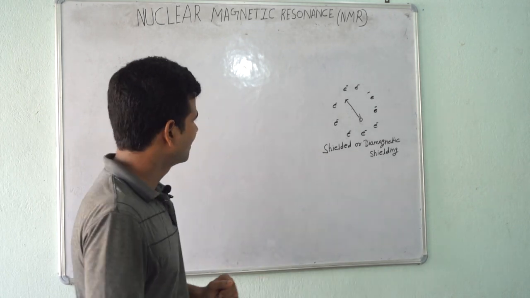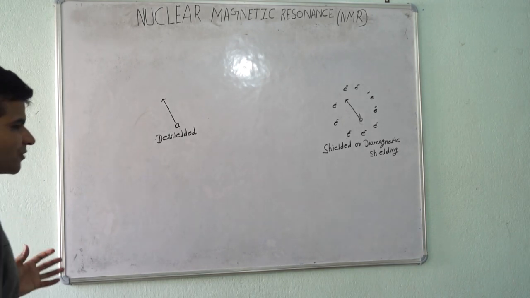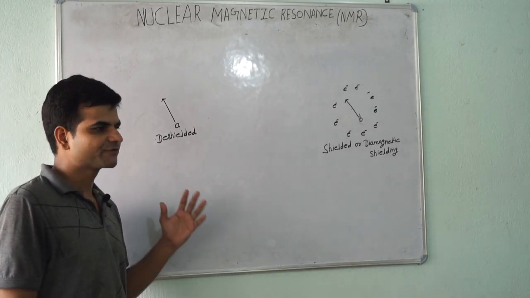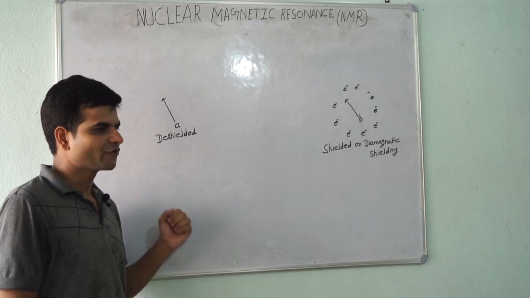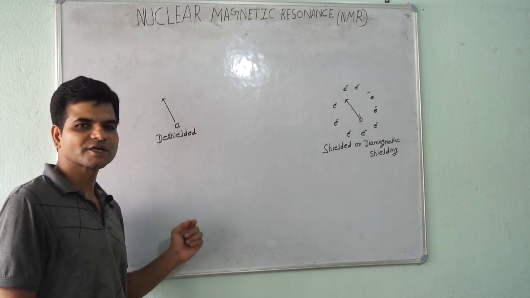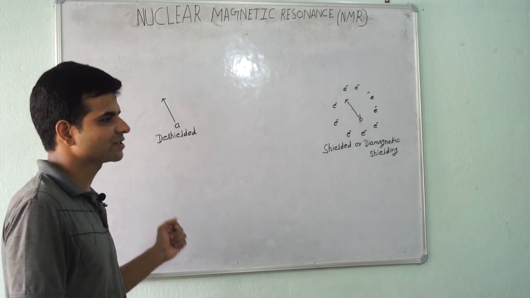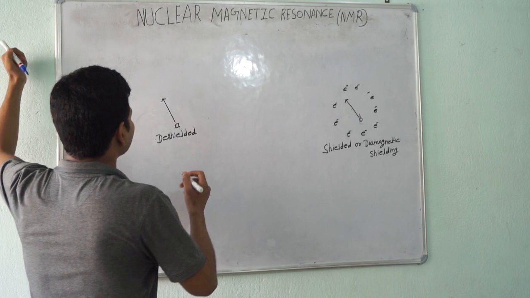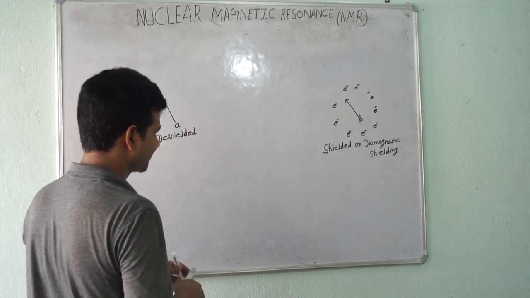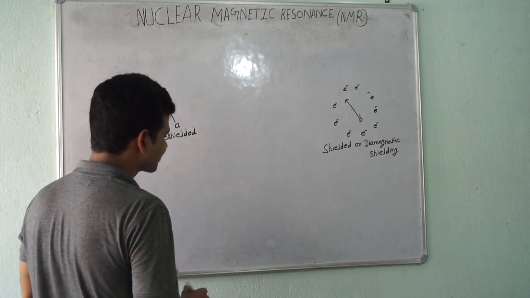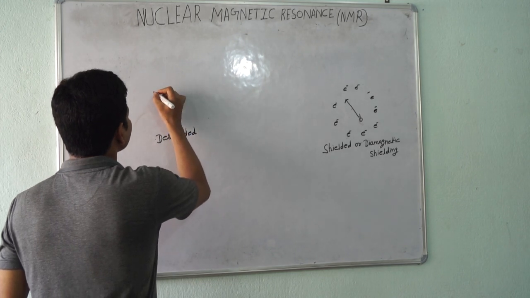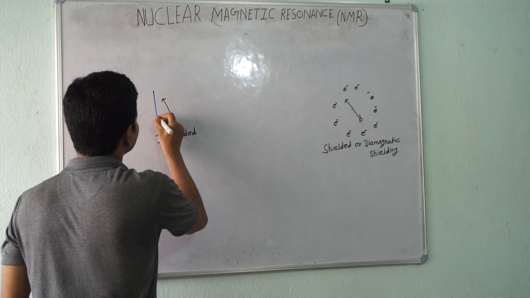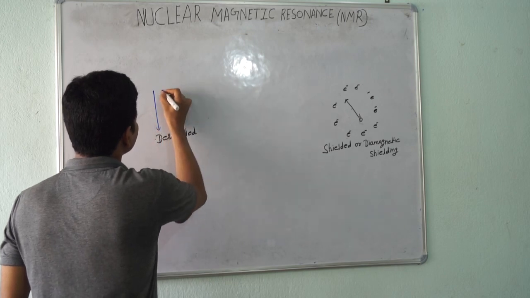Okay, now we will follow the first step of NMR. I told you in the first step of NMR we apply an external magnetic field to the hydrogen atom. Therefore we are going to apply an external magnetic field to both hydrogen atoms, like this.